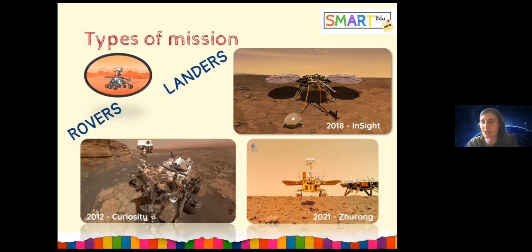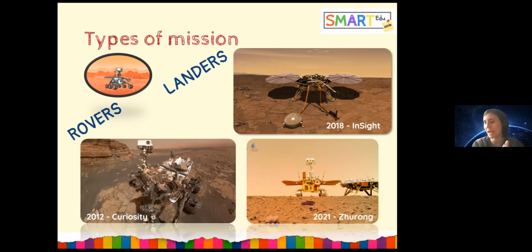Okay, so we have been talking a lot about Mars, of landing rovers and landers on Mars. But do you know if NASA or the European Space Agency or any other space agency, like the Russian, back in the days called the Soviet Space Agency, whatever the country, whatever the space agency, humans were able to land a robot somewhere else than Mars?